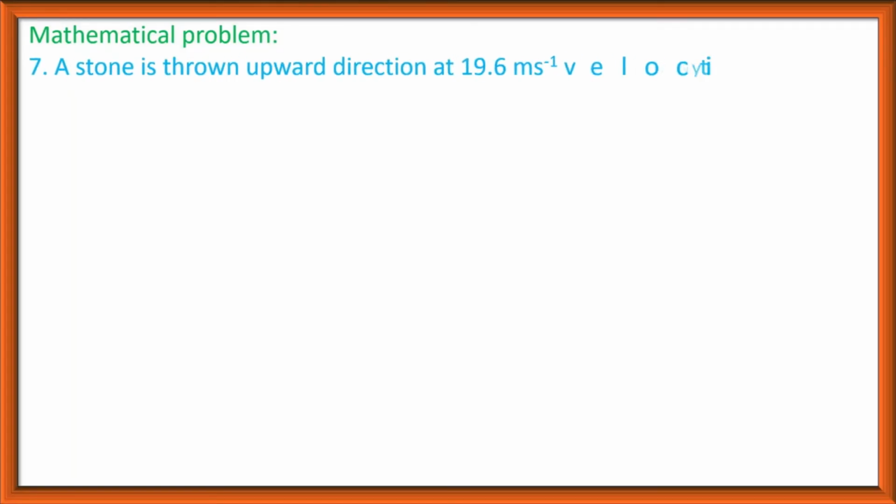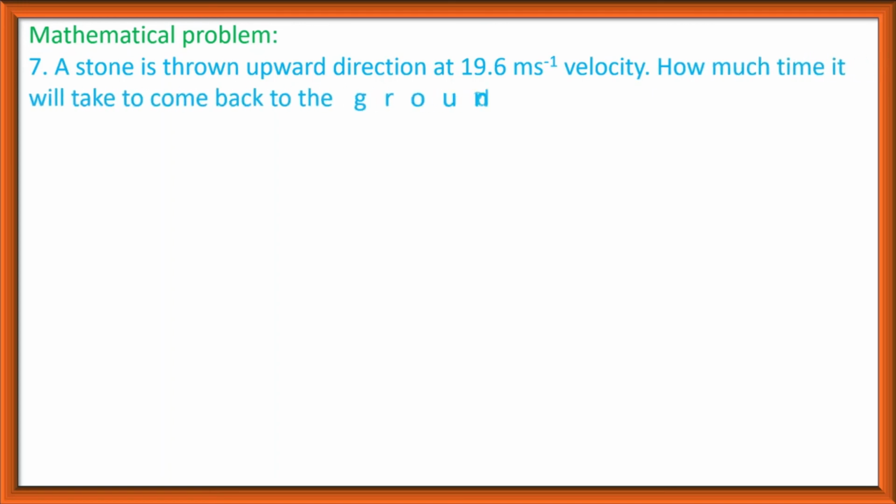A stone is thrown upward direction at 19.6 meter per second velocity. How much time will it take to come back to the ground? We have to determine the total time, that is, after how much time it will return back to the ground.